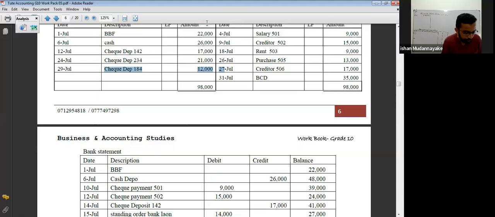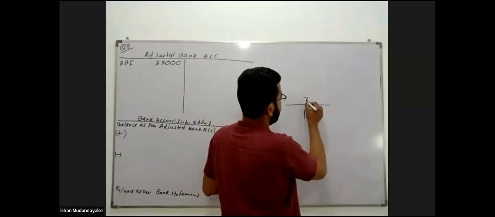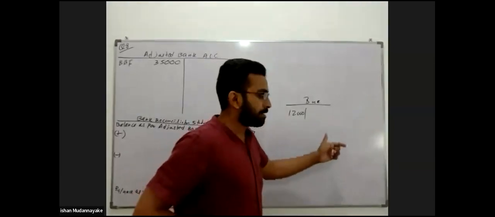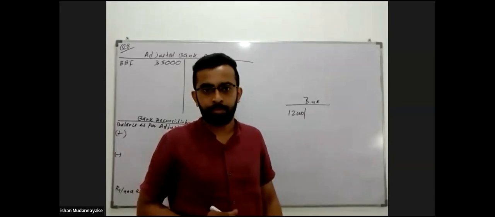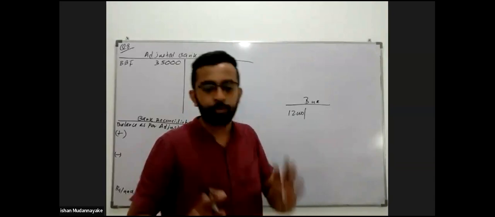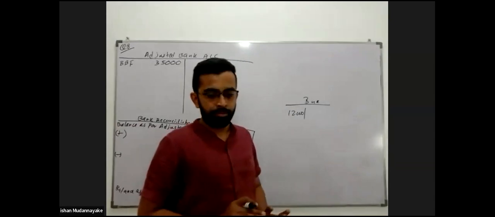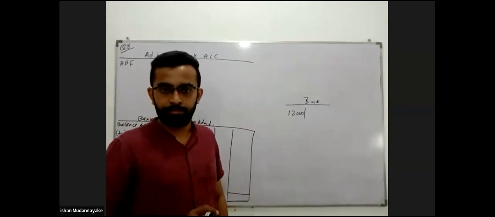You deposited the 12,000 check in the bank account, but the Sampath Bank has not yet collected cash for it. You have recorded it properly, but because of this unrealized check there is a difference between the bank account and the bank statement.